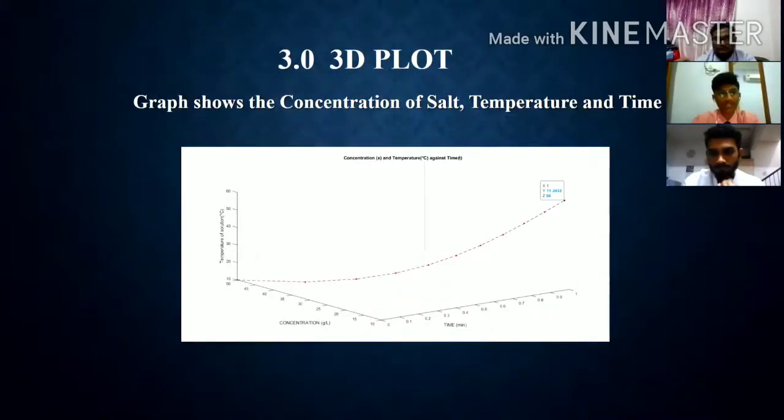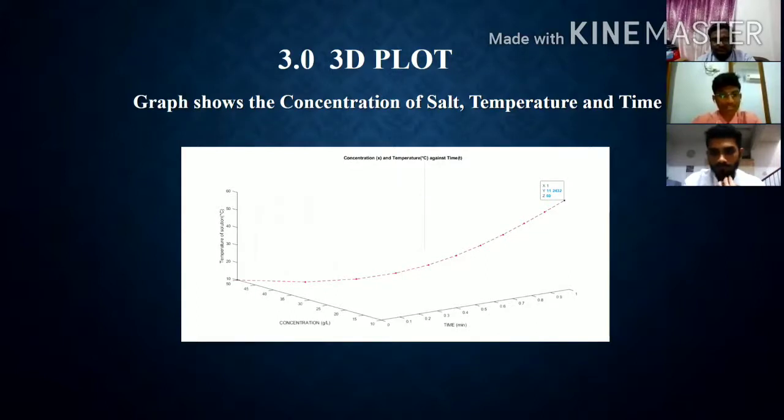Okay, let's discuss the 3D plot. This graph shows the concentration of salt, temperature, and also the time. This graph is divided into 3 axes. The x-axis stands for concentration of salt, the y-axis stands for time, and the z-axis stands for the temperature.